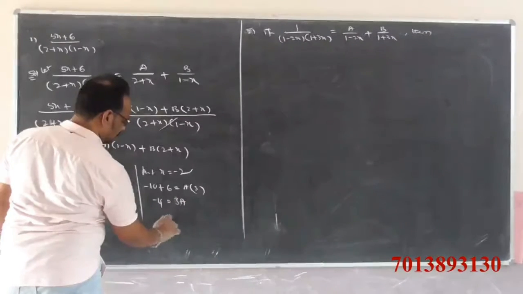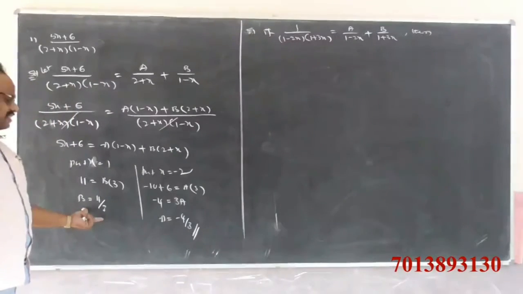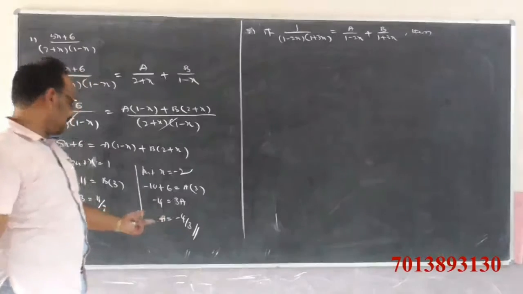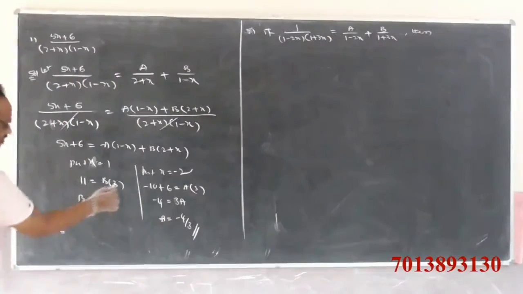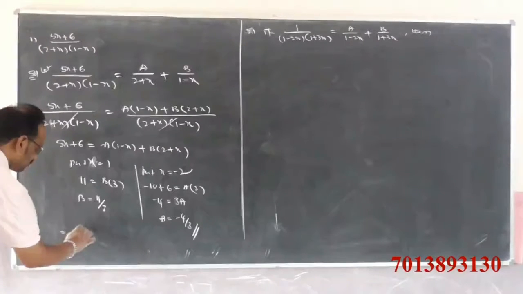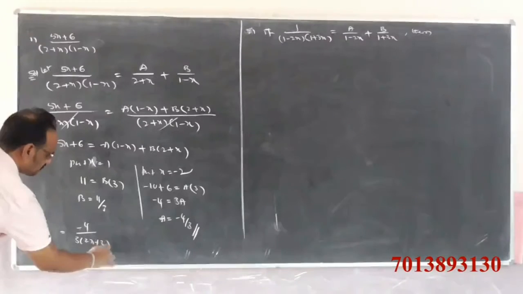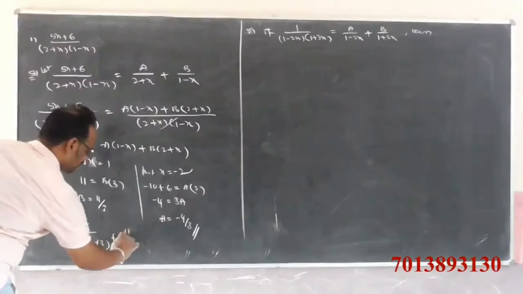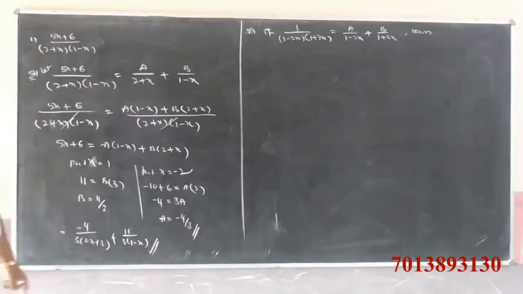We want A, so A is equal to minus 4 by 3 and B is equal to 11 by 3. Substituting here, A is minus 4 by 3 and B is 11 by 3. So minus 4 by 3 into 2 plus x plus 11 by 3 into 1 minus x is the answer.